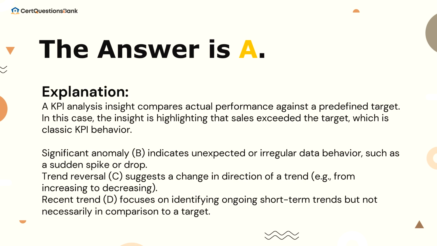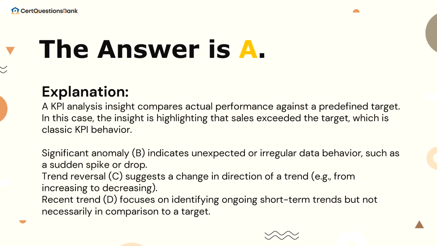A KPI analysis insight compares actual performance against a predefined target. In this case, the insight is highlighting that sales exceeded the target, which is classic KPI behavior. Significant anomaly, B, indicates unexpected or irregular data behavior, such as a sudden spike or drop.